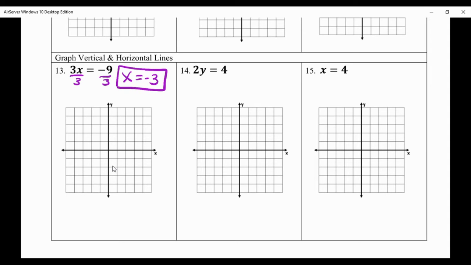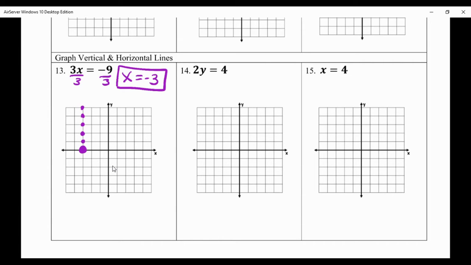So first, plot the point where x equals -3. Now x also equals -3 at the points (-3, 1), (-3, 2), (-3, 3), (-3, 4), and (-3, 5).